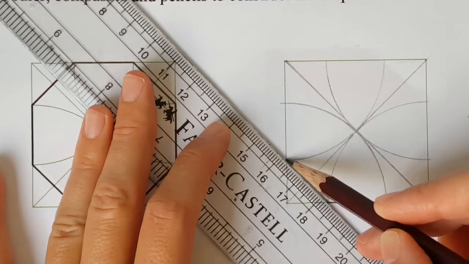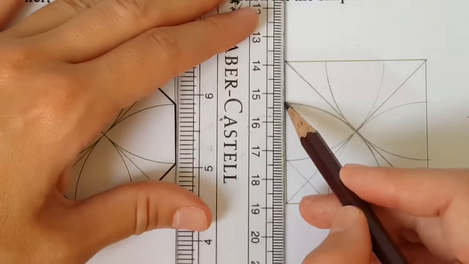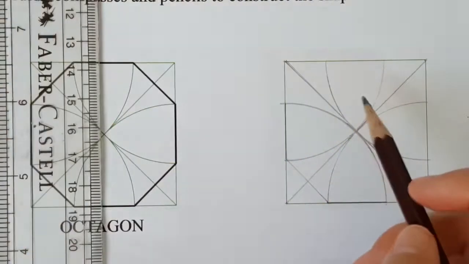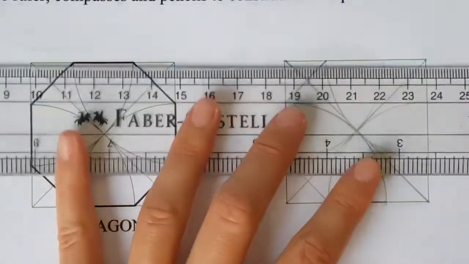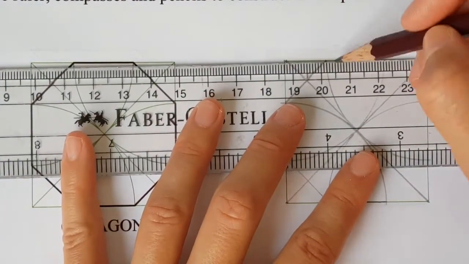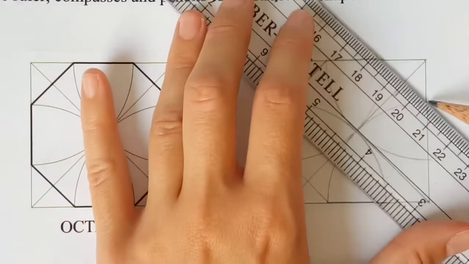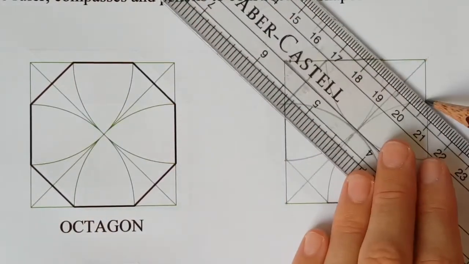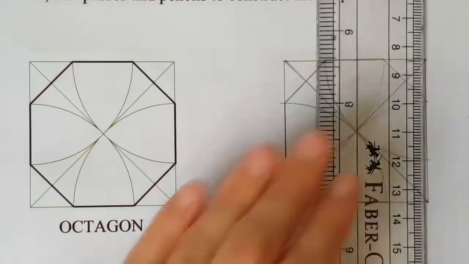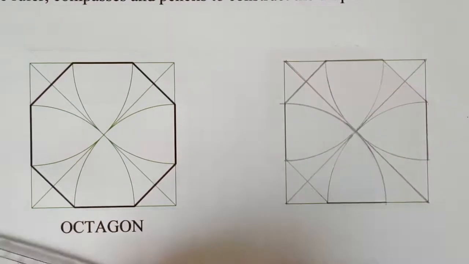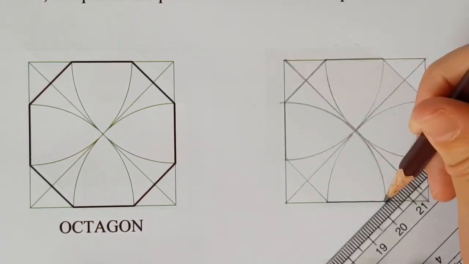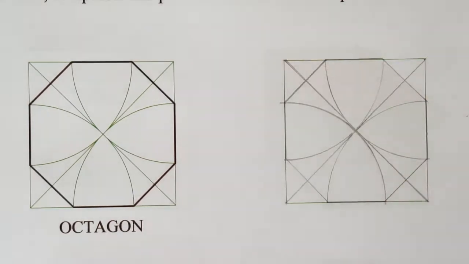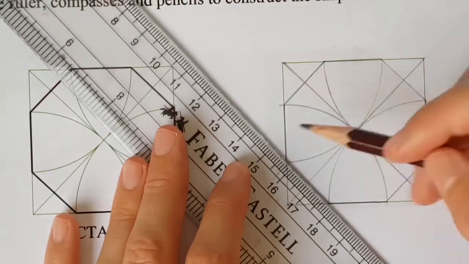Connect one intersection with the one next to it. And now let's darken the outlines.